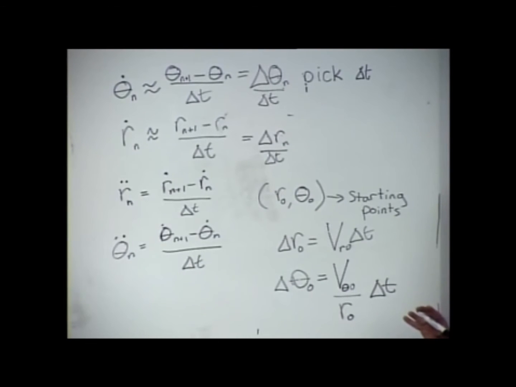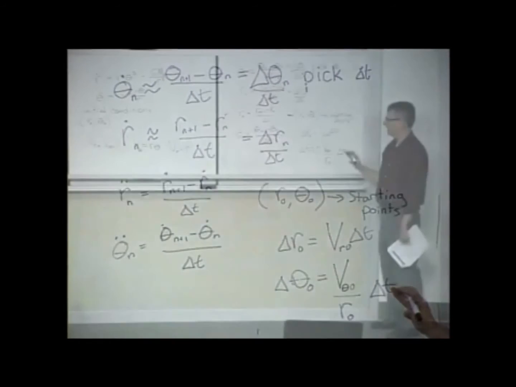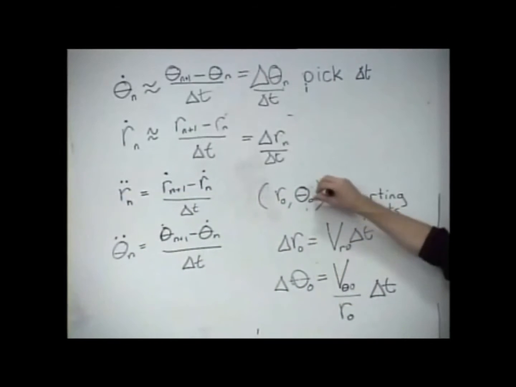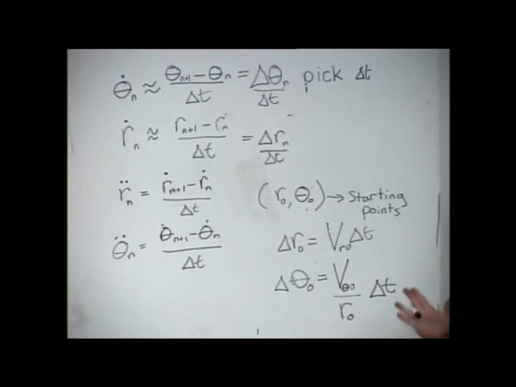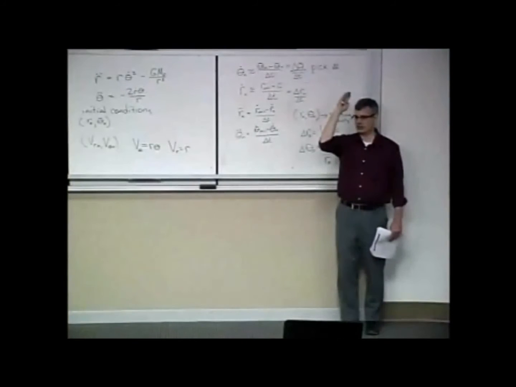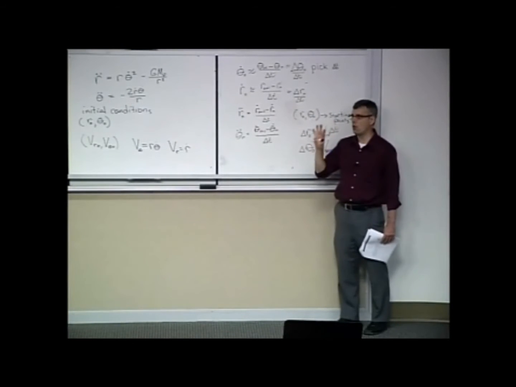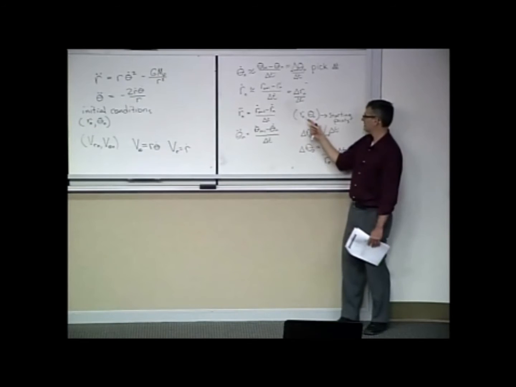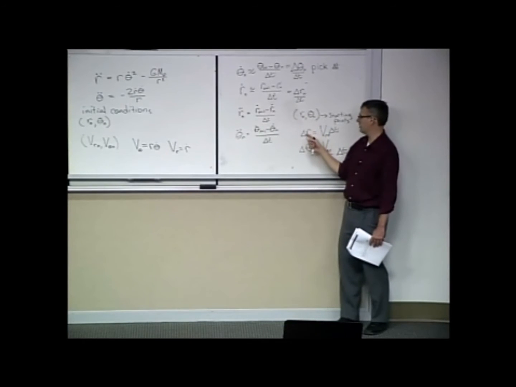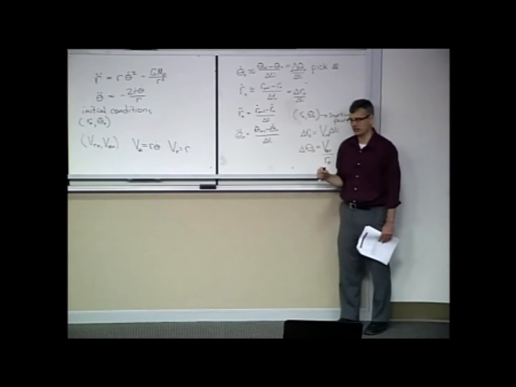Once I do this, now I have a system of 4 pieces of information that I can start with. And all I have to do is keep updating these pieces of information. So for time increment number 1, I'm going to start from these, and then I need 4 equations that give me the next estimates for r1, theta 1, delta r1, and delta theta 1.